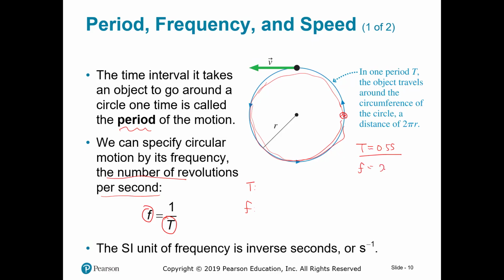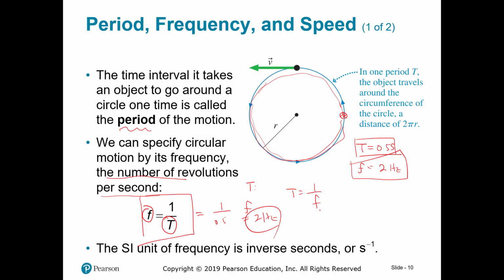So your answer is 2. Frequency has the unit hertz. So from this relationship, you can guess frequency f is 1 over T. In other words, for this case, our frequency is 1 over 0.5, so you have 2 hertz. Or T is 1 over f.